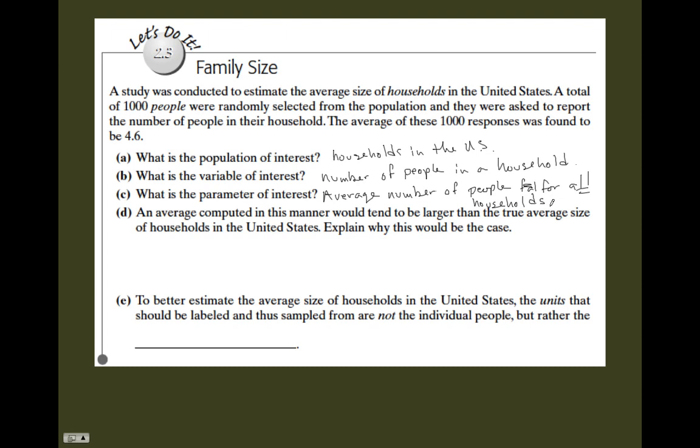Well, here's why. Let's look at a couple of households. Let's say household 1 has one person. This is just a single person living alone, and they constitute a household.